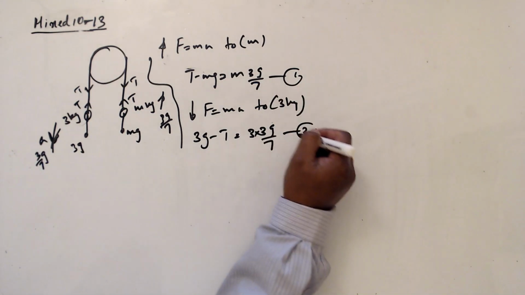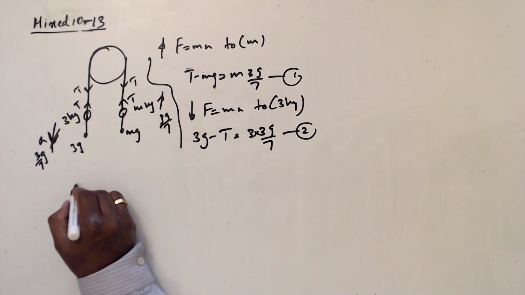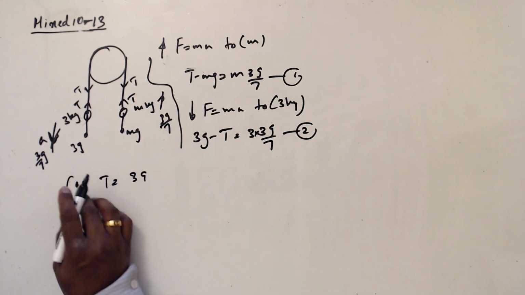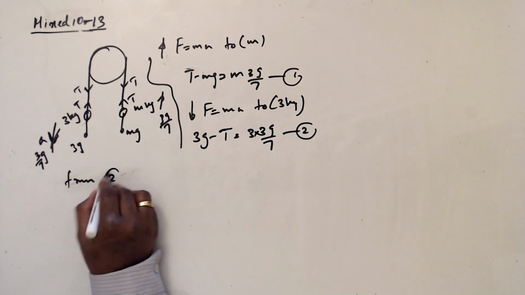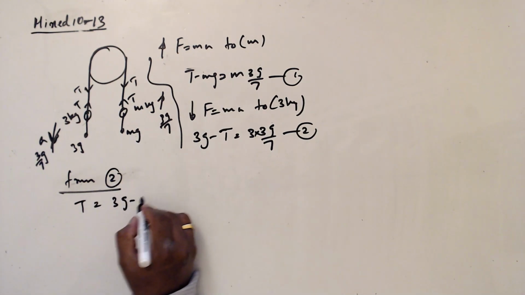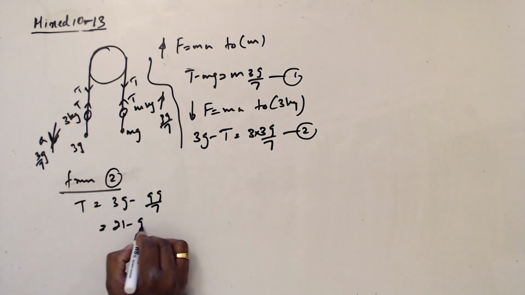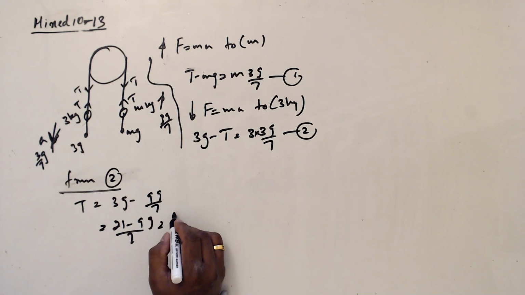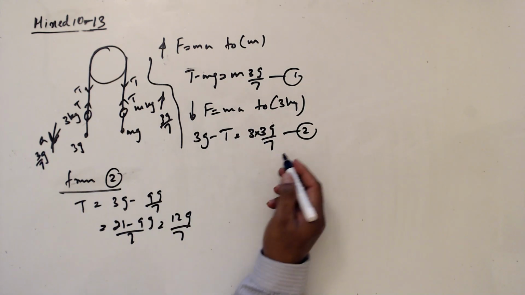When we add those two together, from here we can find the tension. T equals 3g minus 9g over 7, that is 21g minus 9g over 7. So this is going to be 12g over 7. And now we need to find m.